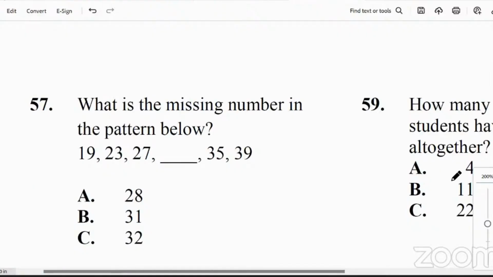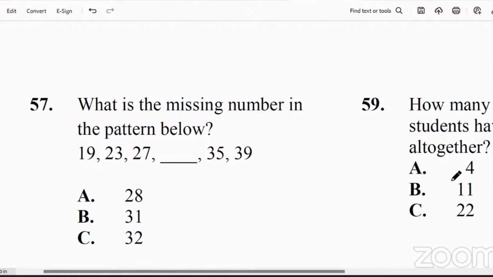All right, question 57. What is the missing number in the pattern below? We have 19, then we have 23, then we have 27, blank, 35, and 39. So pretty much we're looking to see what the pattern is. What are they adding and subtracting from this number?